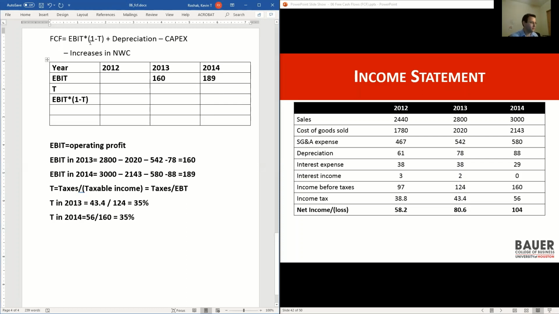All right, so we're being very systematic. We're just going piece by piece. Now we've got EBIT, we've got T. That allows us to find EBIT times 1 minus T. So we have 160 times 1 minus 0.35 for 2013. That works out to 104.